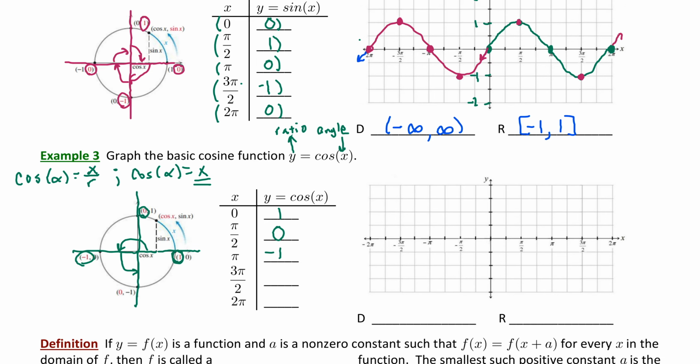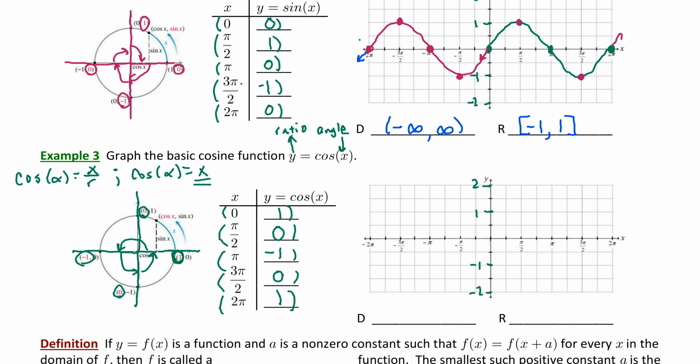Cosine of 3 pi over 2 is equal to 0. And cosine of 2 pi, back again to 1. So as we did with sine, we have a list of 5 ordered pairs that we can plot on the graph. Now, as I did before, I'm going to use a scale of 2 tick marks representing 1 unit on my graph, just to make it clear and easy to read.